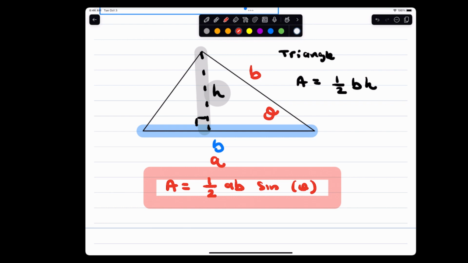Does anybody know why we can say that? Really simply, all they did is replace, you see this B here? They replaced B with the letter A. Okay, you guys okay with that? That's all they did.